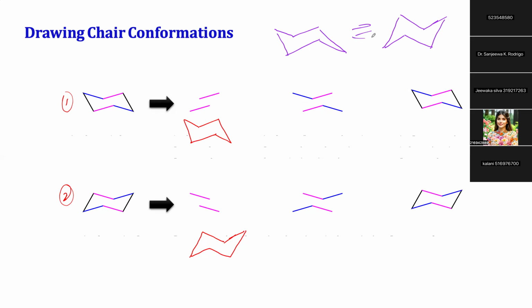Isn't it easy? Yes, sir. Okay, so now you know. Then I will upload the recording, so you can see the recording and try drawing this, because you should be able to draw the cyclohexanes properly.